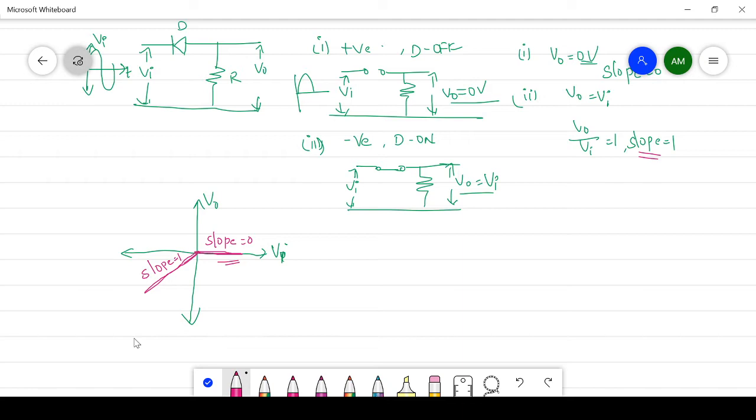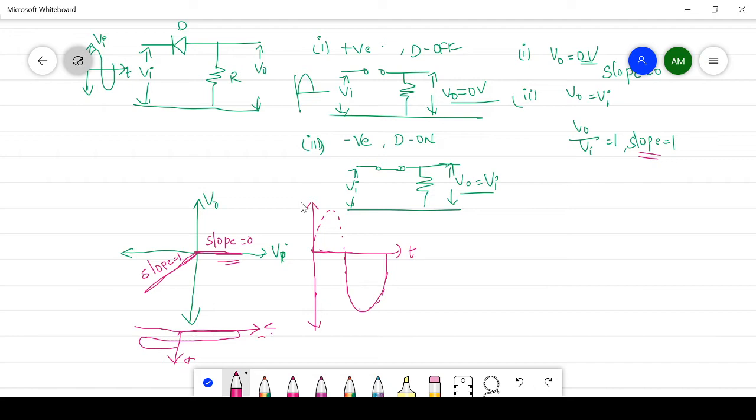When we apply the sinusoidal input signal to this circuit, this is the input signal Vi. In the output, we eliminate the positive half cycle part and get only the negative half cycle, because for the positive half cycle the output is 0.